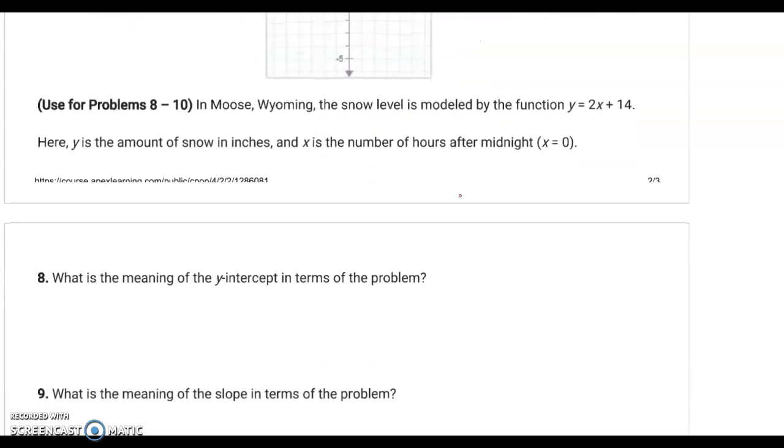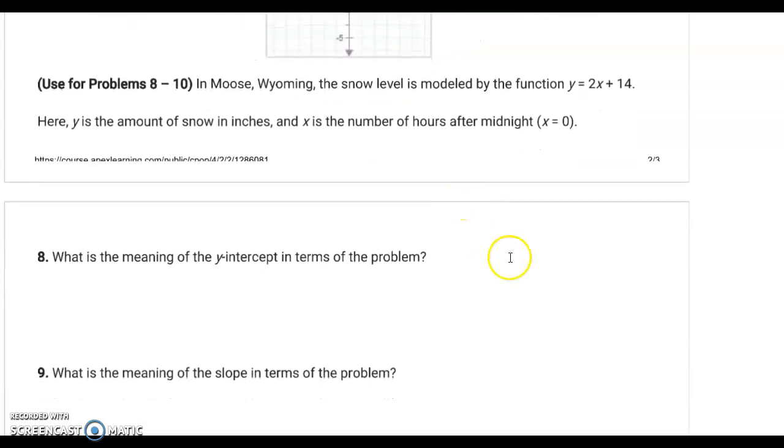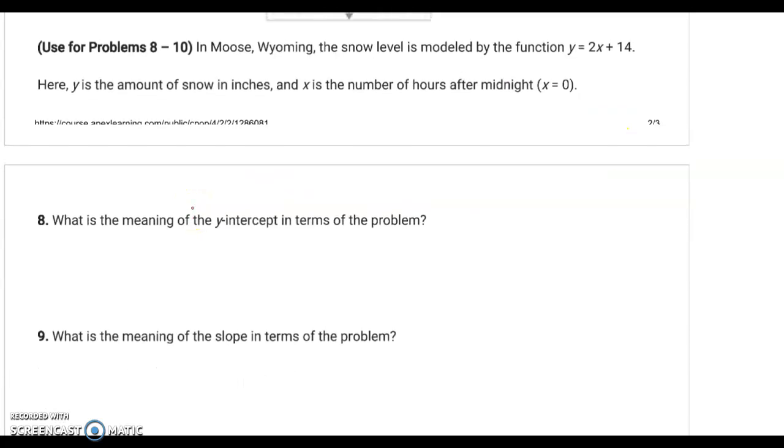So for 8 through 10, in Moose, Wyoming, the snow level is modeled by the function y equals 2x plus 14. Here, y is the amount of snow in inches, and x is the number of hours after midnight. Number 8 asks, what is the meaning of the y-intercept in terms of the problem? You know the y-intercept is 0, 14.